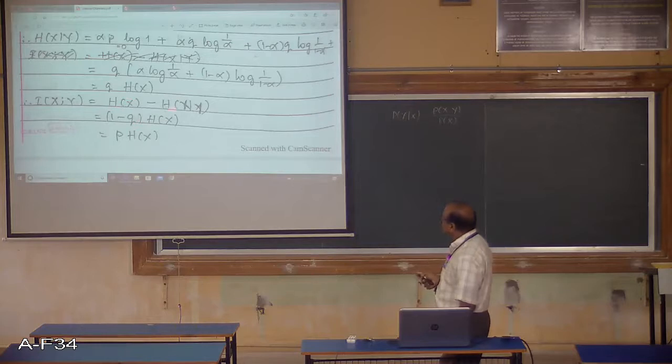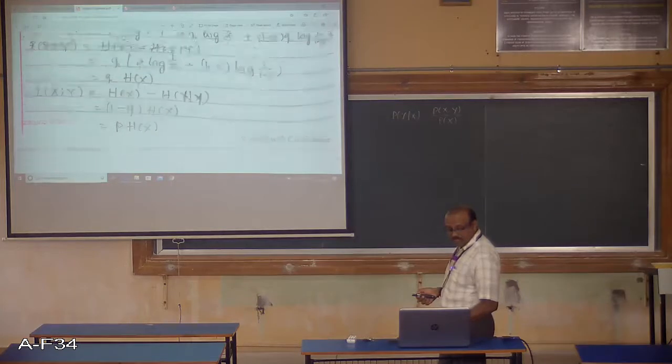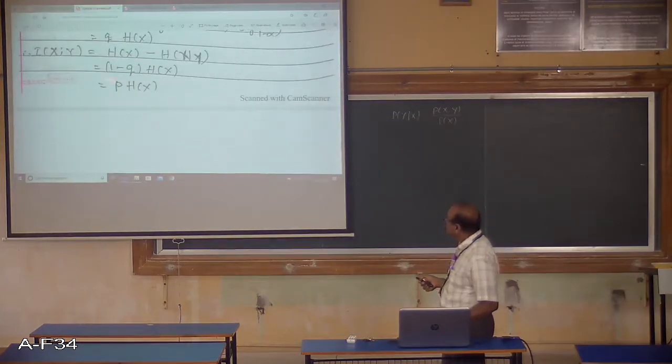Substituting, we get H of x minus Q H of x. H of x is taken common, giving 1 minus Q times H of x, and 1 minus Q is nothing but P, the probability of correct transmission. So mutual information is P times H of x.